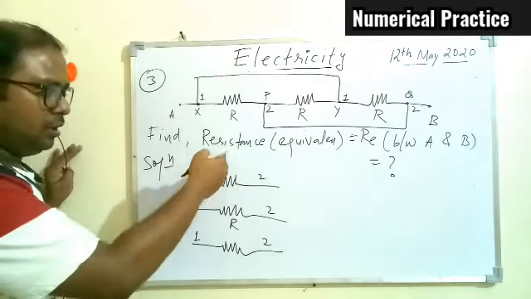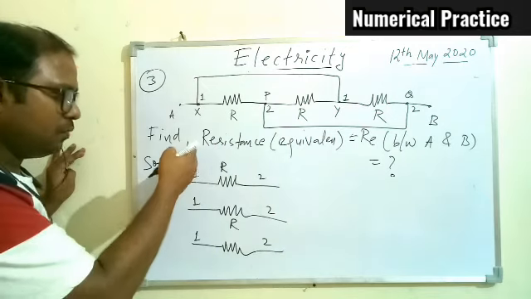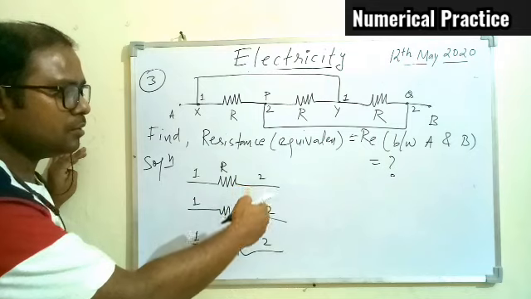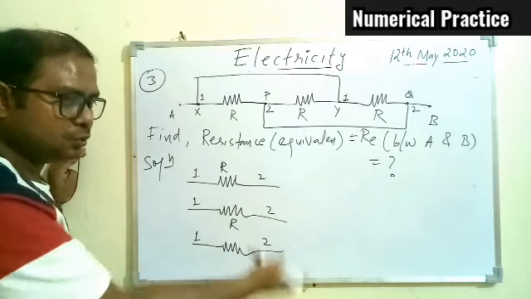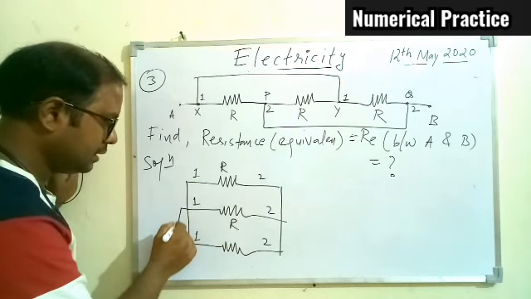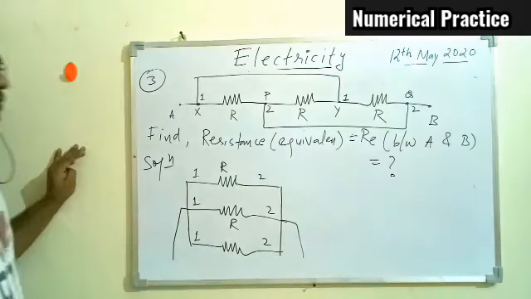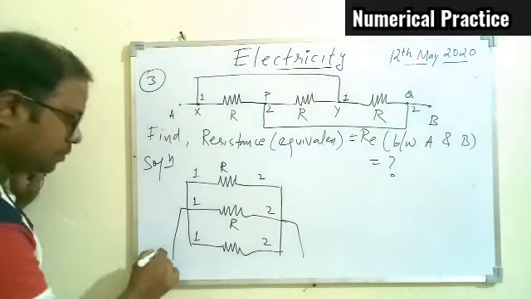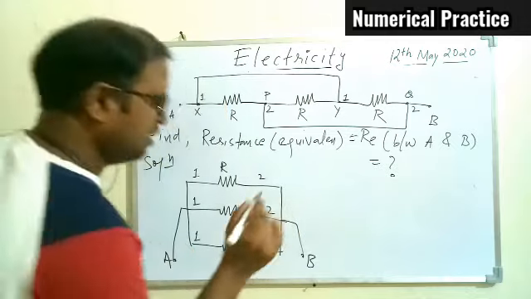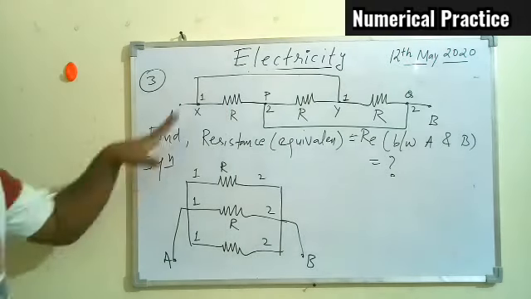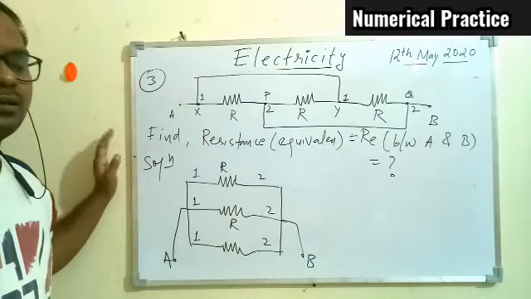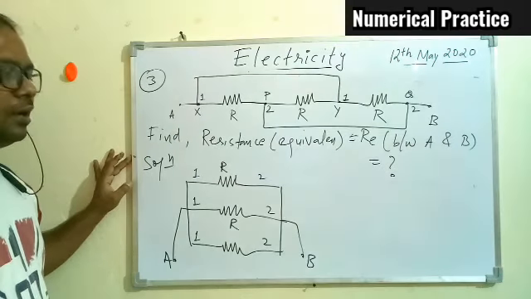So each resistor has one terminal at the same potential 1 and the second terminal at the same potential 2. So we understood they are nothing but connected in parallel. I hope this is point A and this is point B. So the concept is these three resistors are basically in parallel, but they look like they are in series. That is how this circuit is totally different.